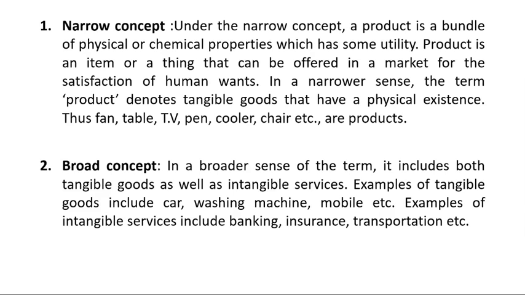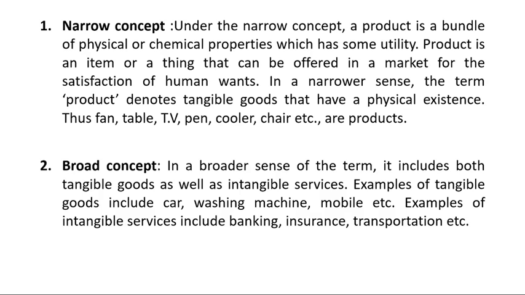In a narrower sense, the term product denotes tangible goods that have a physical existence, like fan, table, TV, pen, cooler, chair, etc. All the things that we use for our day-to-day needs are considered as a product as per narrow concept.